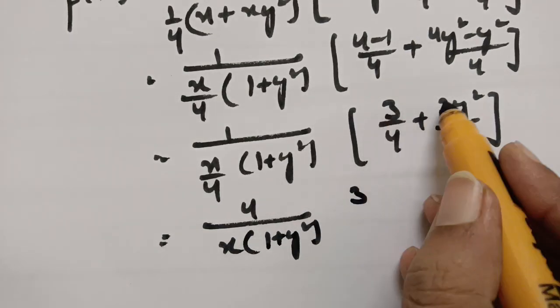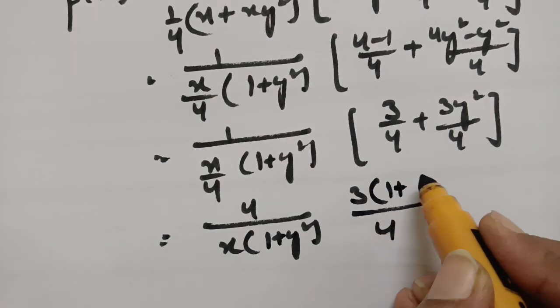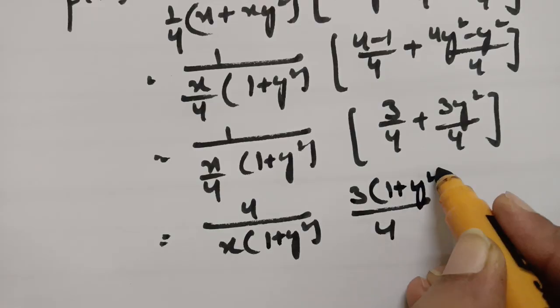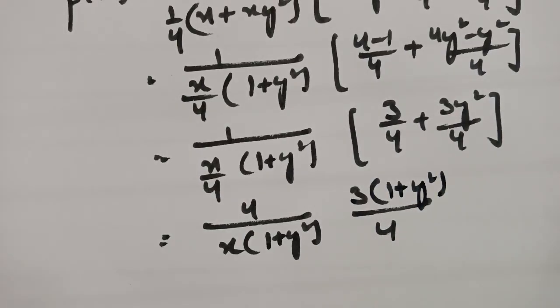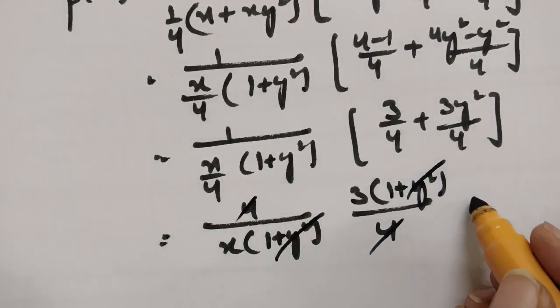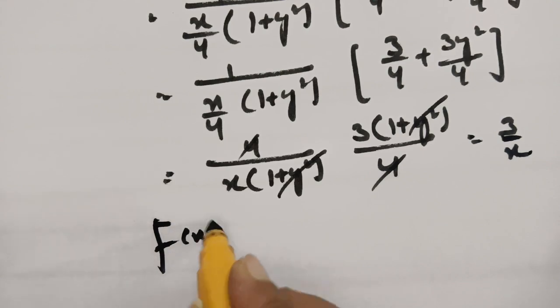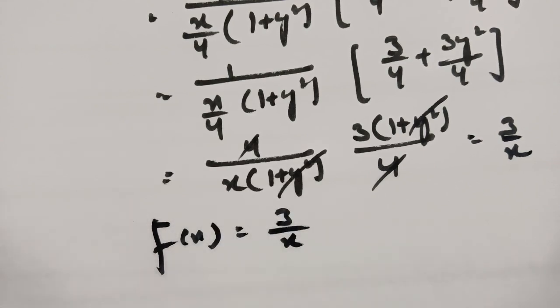And if I take 3 common and consider 4 in the denominator, taking an LCM, this is 1 plus 3y square. So I can cancel these two, I can cancel 4, and what remains? This is 3 by x remains. So f of x value is equal to 3 by x.